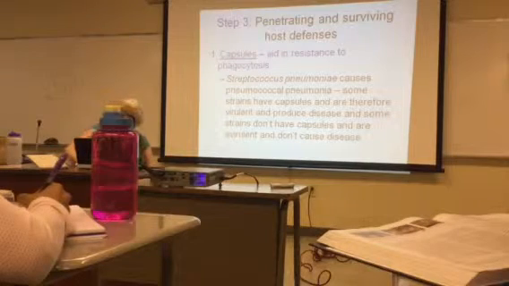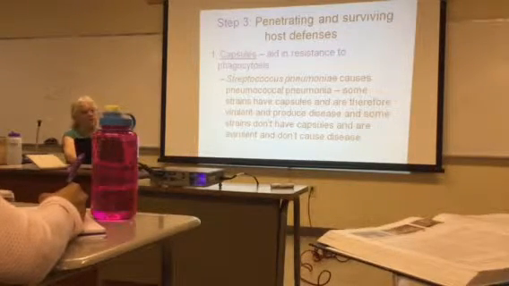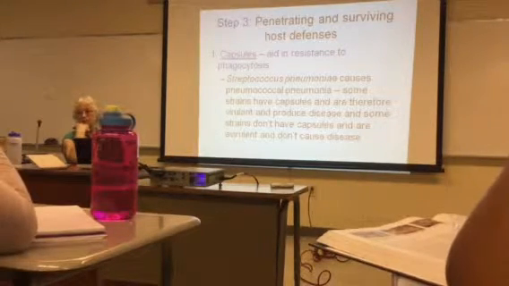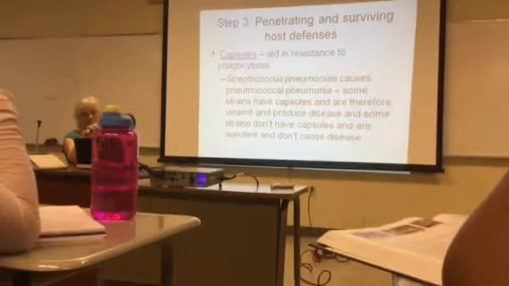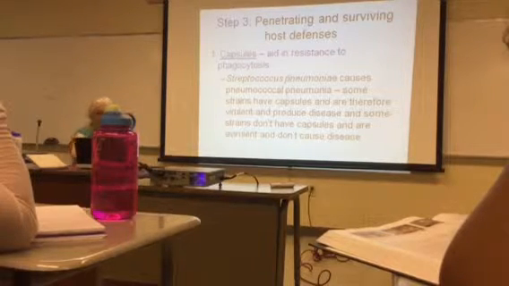But with the capsule, they avoid that. Streptococcus pneumoniae causes pneumococcal pneumonia, and to cause it, those bacteria have to have a capsule. That makes them virulent. Those that don't have a capsule don't cause the pneumonia.